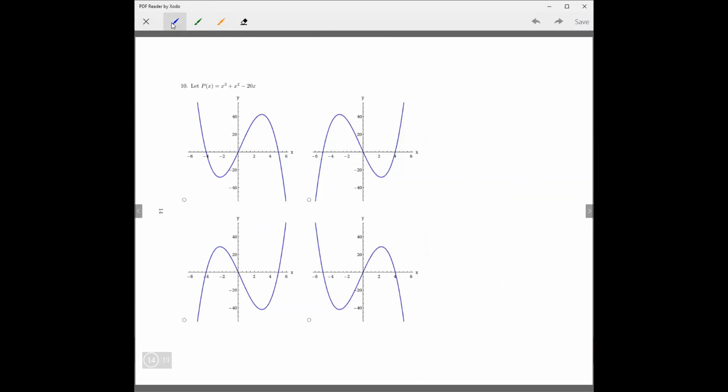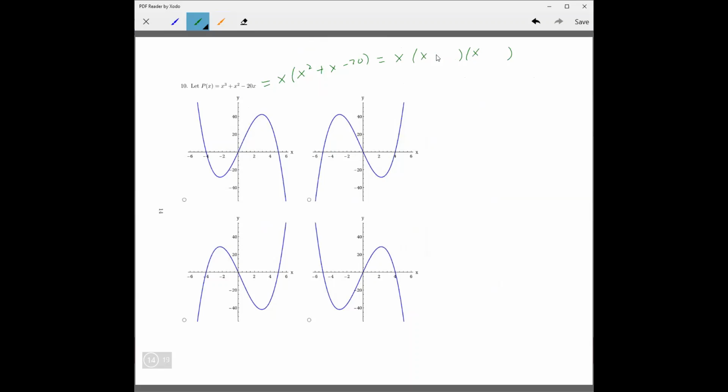Okay, so P of x, number 10, it says the instructions are factor the polynomial and use the factored form to find the real zeros. Okay, so you can factor this by factoring an x out. And then factor this other term.